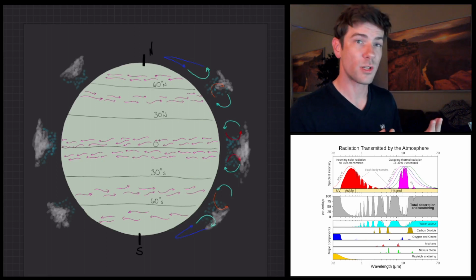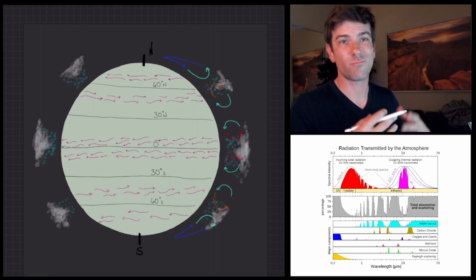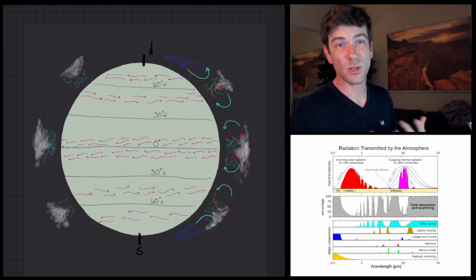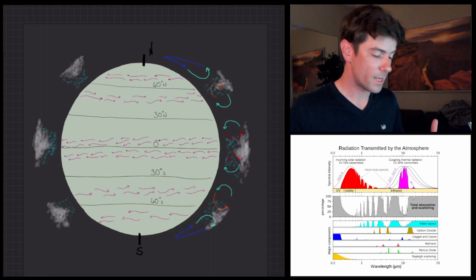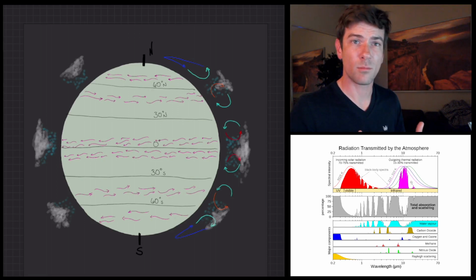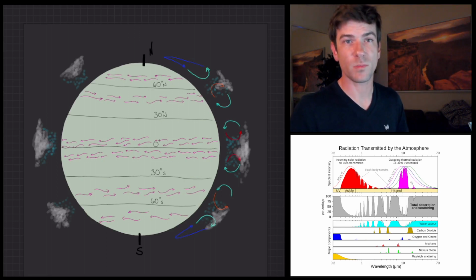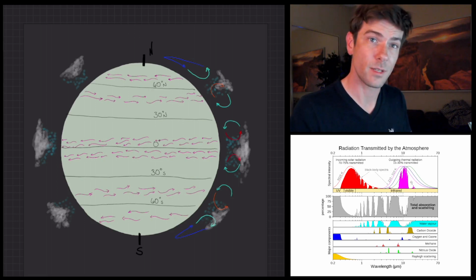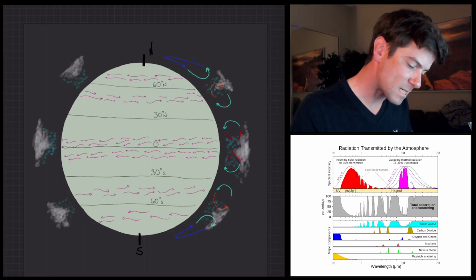And as a result, it's warming up as it's coming down, and its ability to hold moisture is increasing, and so it's soaking up moisture. It's driving evaporation, right? There's not a lot of precipitation occurring at 30 degrees north and south, right?